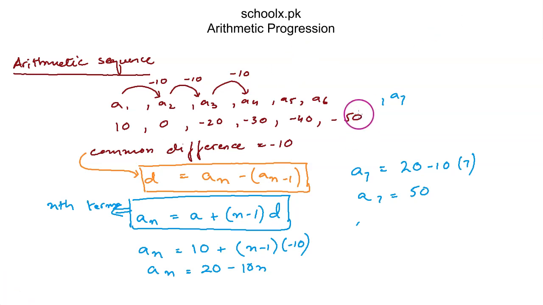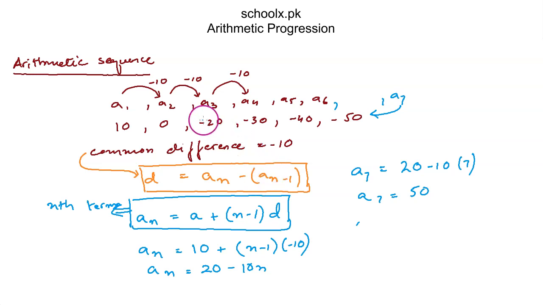Right, so this is our A7 term, which I've already written. A6 is negative 40 and A7 is negative 50. Right? So this formula is for finding the nth term of the arithmetic sequence, and this formula is for finding the common difference of an arithmetic sequence.